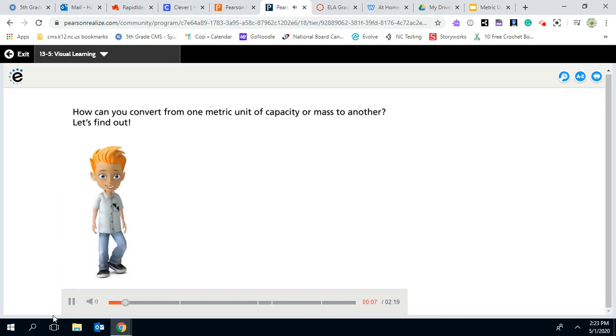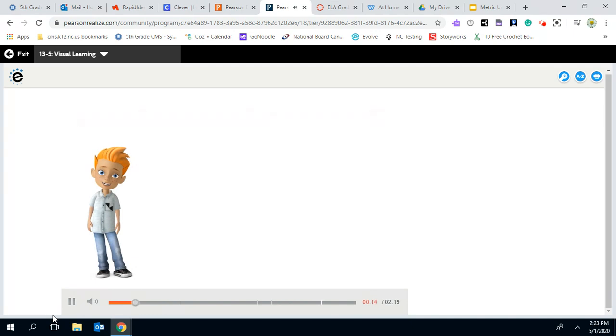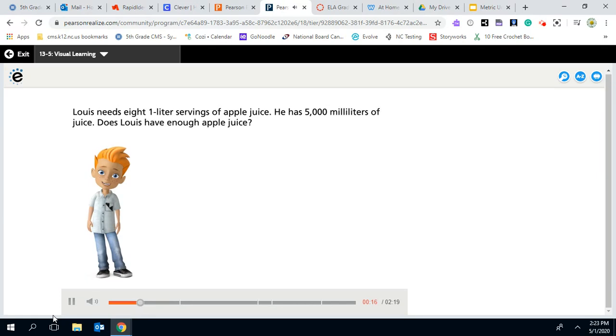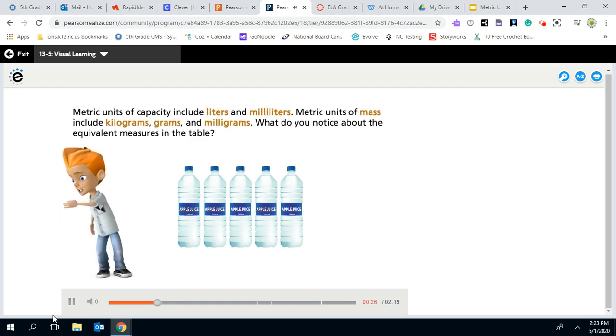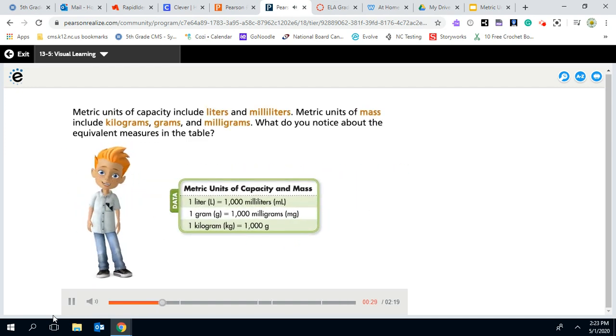How could you convert from one metric unit of capacity or mass to another? Let's find out. Louis needs 8 1-liter servings of apple juice. He has 5,000 milliliters of juice. Does Louis have enough apple juice? Metric units of capacity include liters and milliliters.